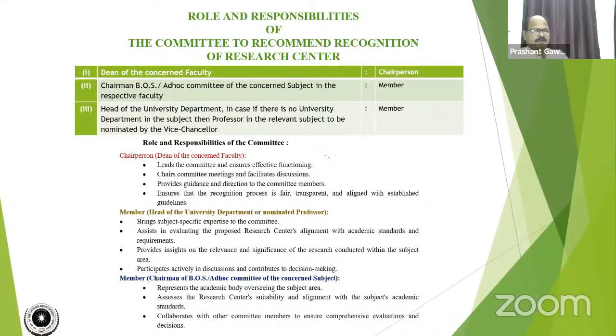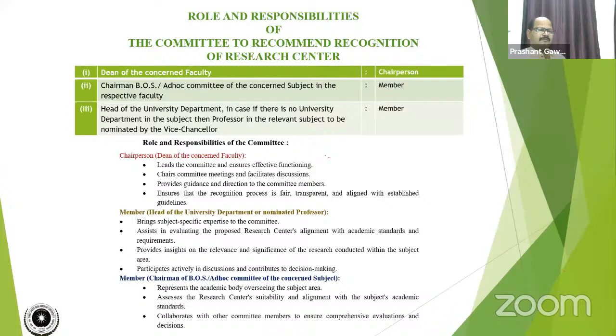Now the committees under the recognition of research center. The dean is the academic officer of the university, under all the universities acts. The dean of the concerned faculty is the chairperson, with the chairman of the board of studies or ad hoc committee as a member, and the head of the department.